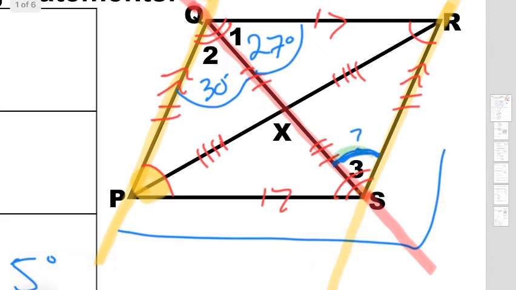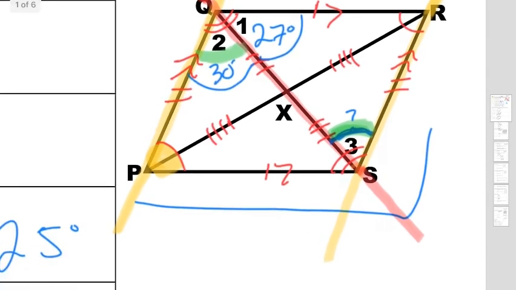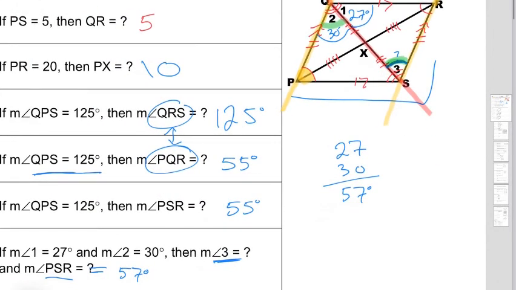The alternate interior angles are angle 3 and angle 2. Now if you remember, alternate interior angles of parallel lines are always going to be congruent. So if angle 2 is equal to 30 degrees, that means angle 3 is also equal to 30 degrees.